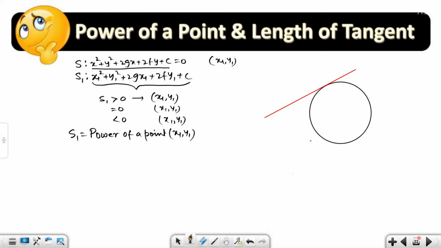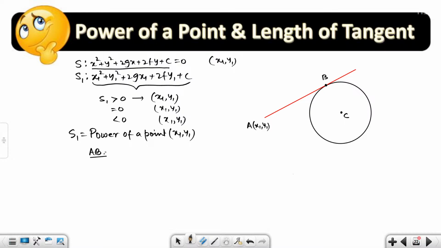So this is the tangent and this is the center. Let us say this is the center C and this is the point A, which is (x1, y1). And let us say the point where the tangent is touching the circle is B. So now my task is to find the length of AB. Very, very interesting.